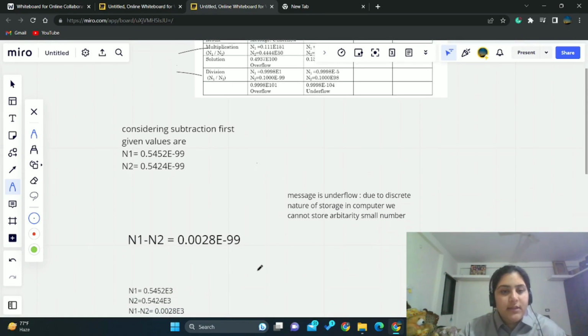Here we start with the subtraction. Remember that this value I am taking n1.